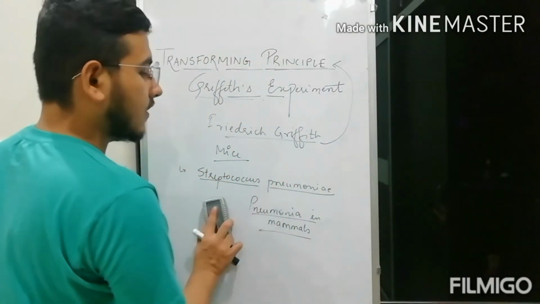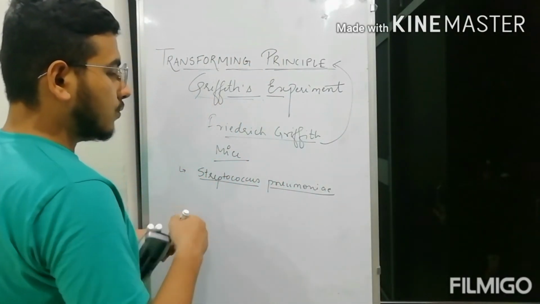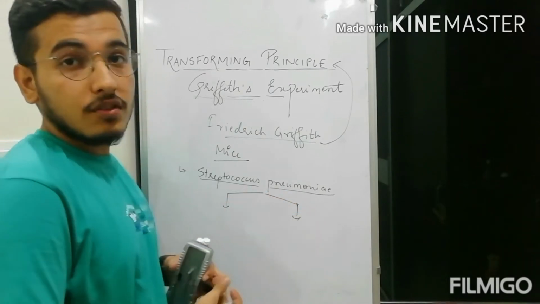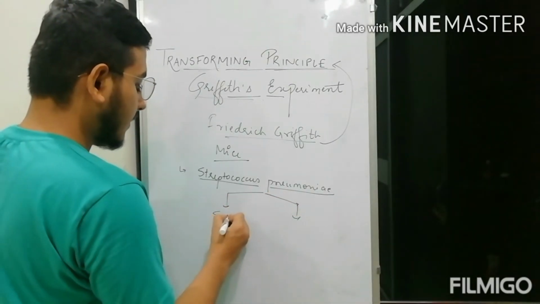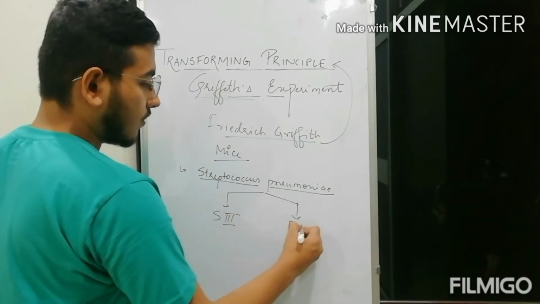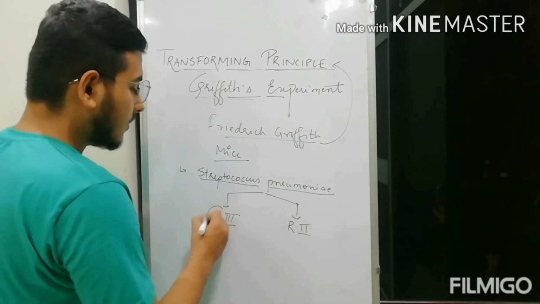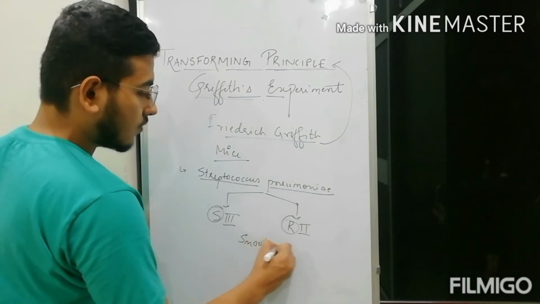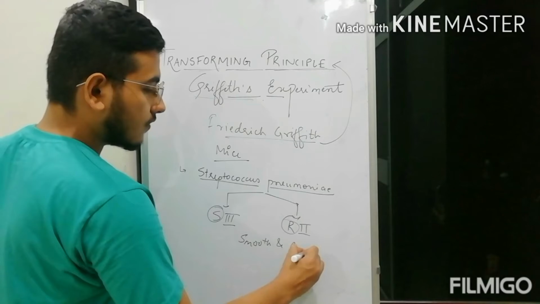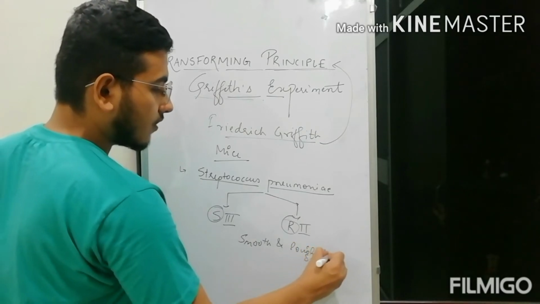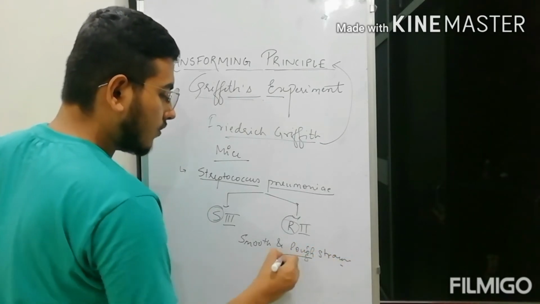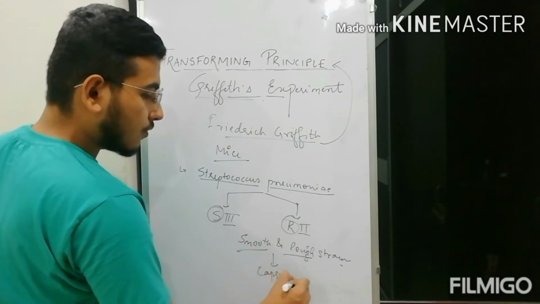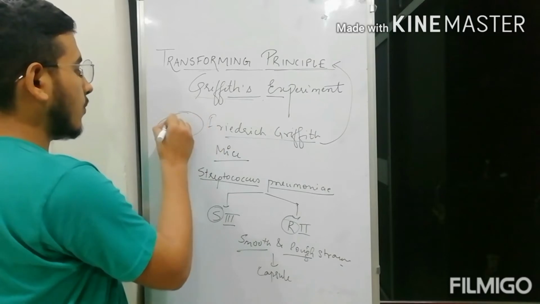In his experiment there were two strains of Streptococcus pneumoniae. One was S3 and the second was R2 strain. What are this S and R? These are smooth and rough strains, on the basis of the presence of a capsule.